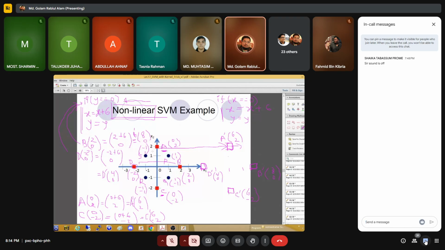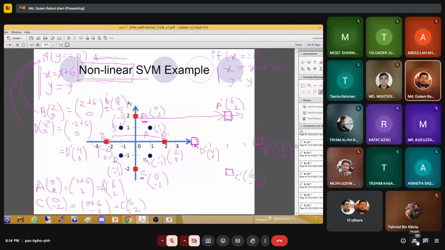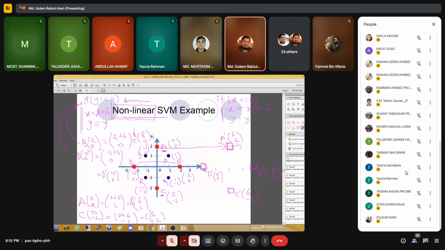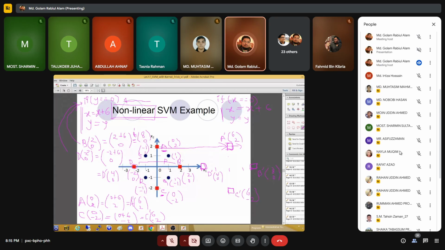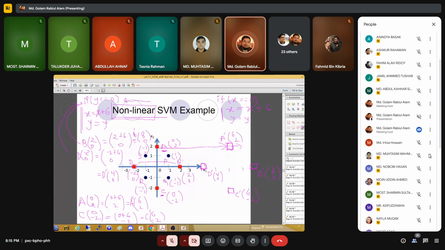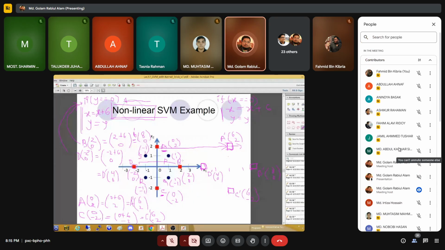Okay, now we have to check the other data points like P. P is 1 and 1. So there is no x0 and y0. Similarly, Q is also 1, negative 1. So neither x nor y is 0 here. And R is negative 1, negative 1. And S is negative 1 and positive 1. So those data points will not satisfy our conditions.